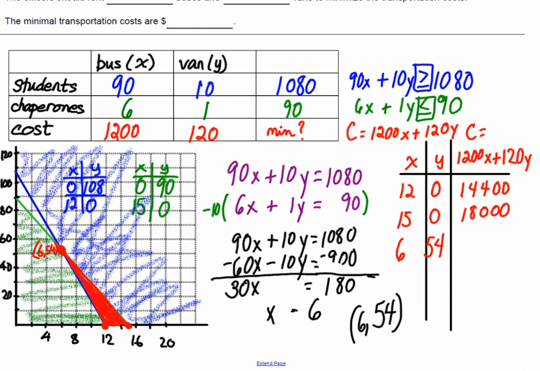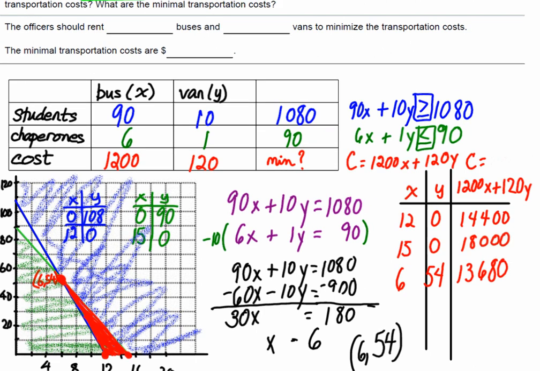And substituting in for the next ordered pair, 6 for x and 54 for y, I get 13,680. So now, remember, we're looking for the minimum.